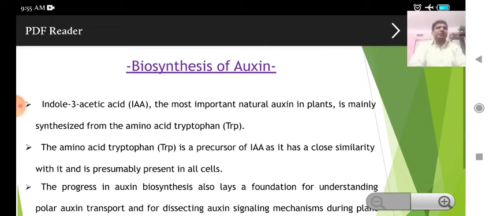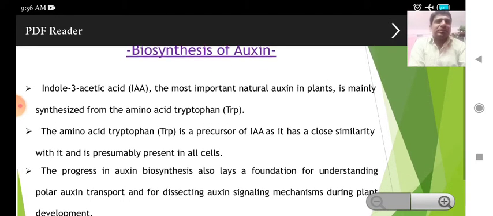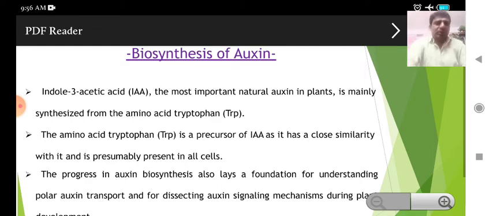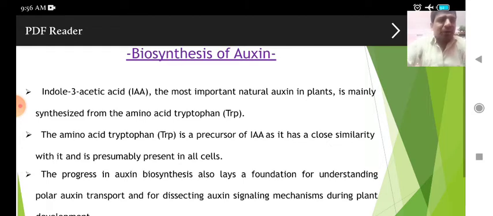Now we will see the biosynthesis of auxin, by which way the auxin is synthesized in the plant by biological means, that is called biosynthesis of auxin.